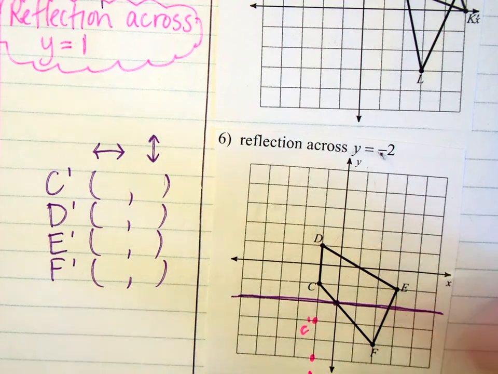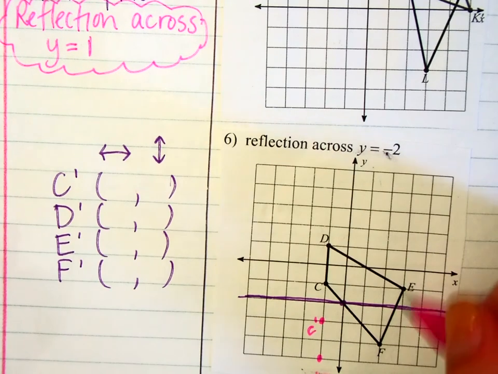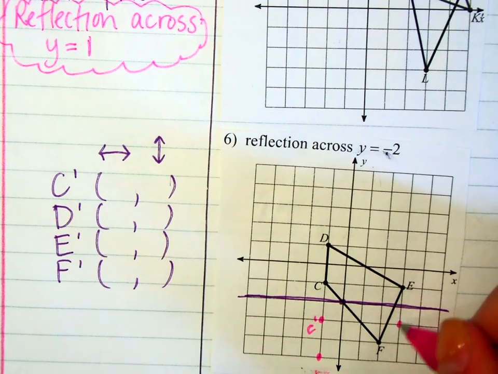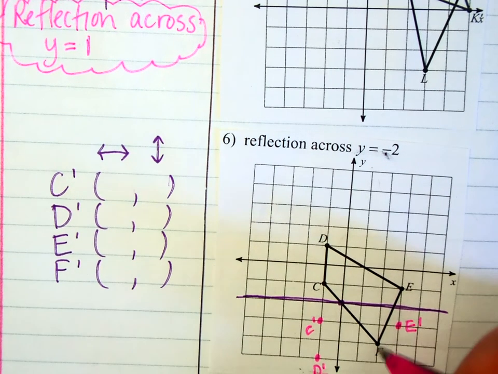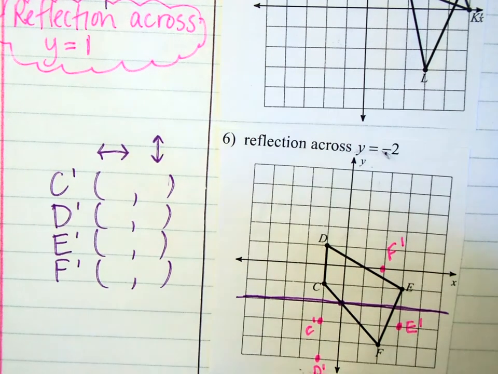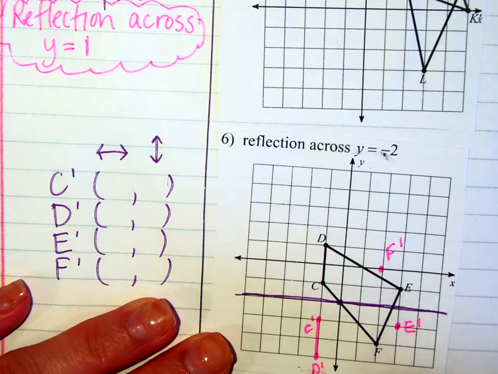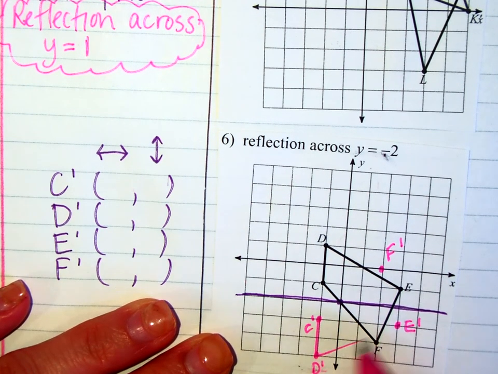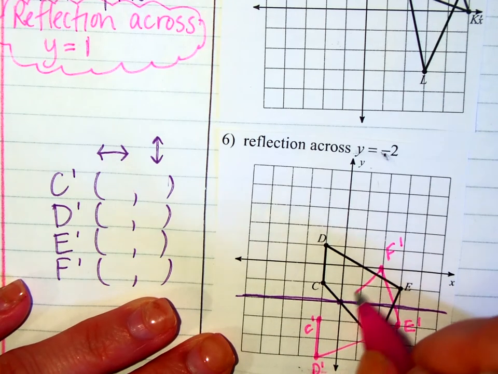I'm sorry, right here. Then E is 1 space away. This is E prime. And then F is 2 spaces away, which would be F prime. Okay, so let's connect everything. So C, D, E, F, and close it up here.